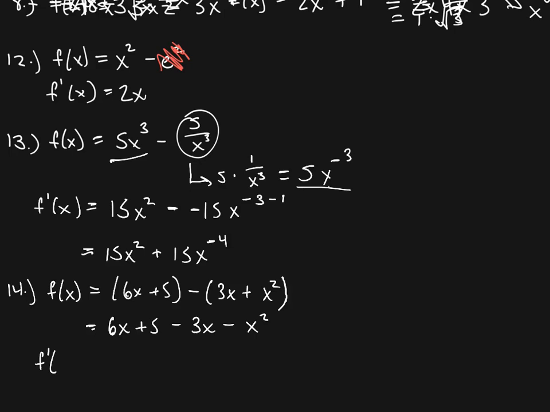So f prime of x simply becomes 6. Right? This 5 cancels out. It's a constant term, right? It just drops out of the derivative. So we get 6 minus 3, because the derivative of 3x is 3, just like the derivative of 6x was 6, minus 2x.